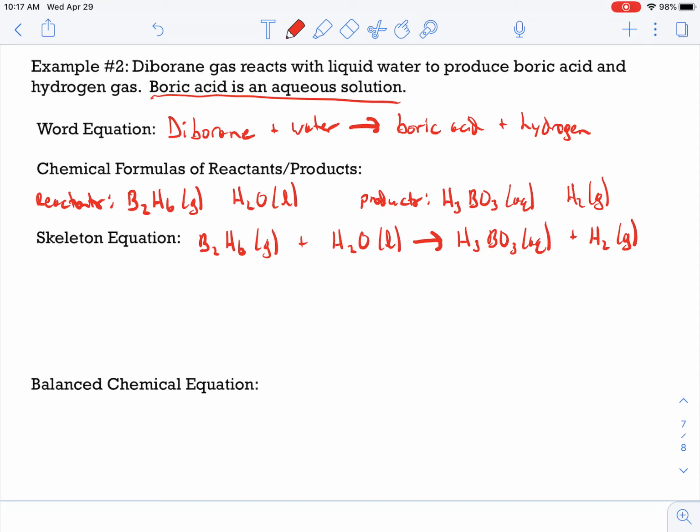Step number 4 that you must show on your homework to receive credit is going to be counting up the number of atoms of each element. So we're going to have boron on our reactant side, and if we count up, we're going to have a total of 2.